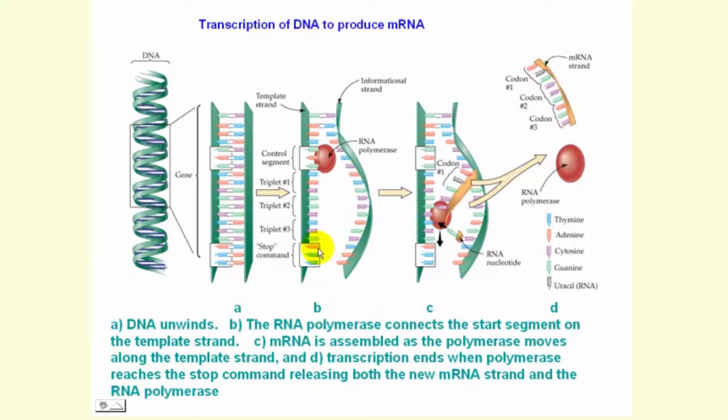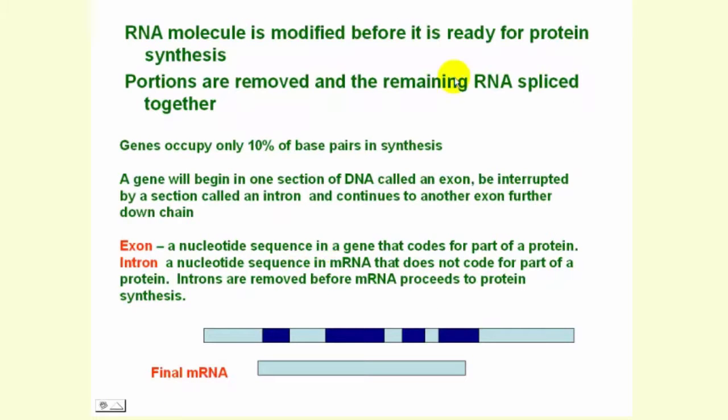It turns out that genes will only copy about 10% of base pairs in DNA. A gene will begin in one small section of DNA, which is called an exon. An exon is a nucleotide sequence in a gene that codes for part of a protein. A gene will begin in one small section in the exon, and be interrupted by a section called an intron.